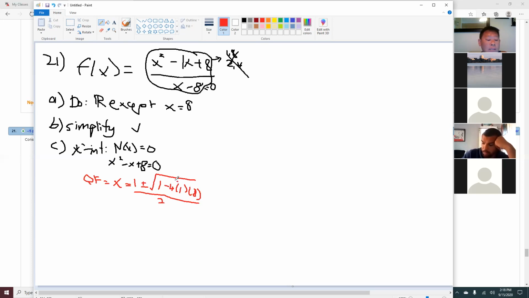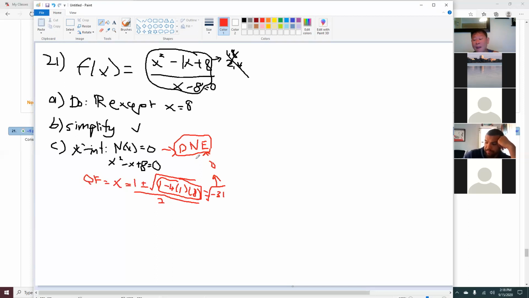Now, what you notice here is that when you calculate, this is negative 31. And when you take the square root of negative 31, this is complex, i. That means if you have i in your x or y intercept, it does not exist.